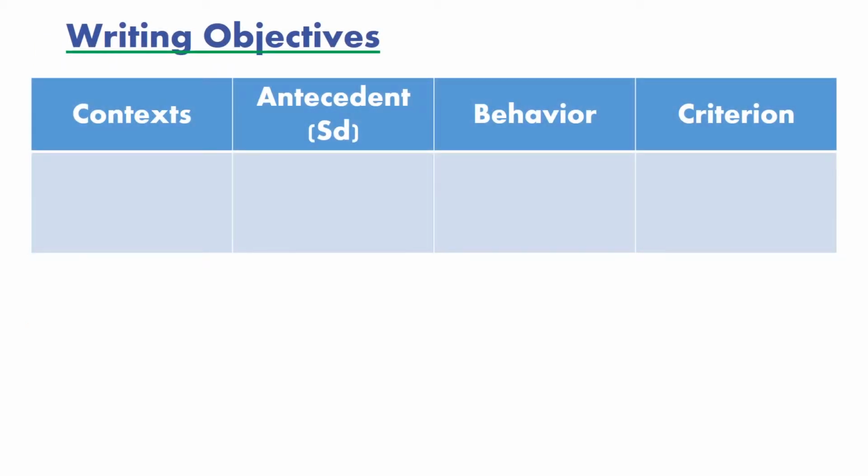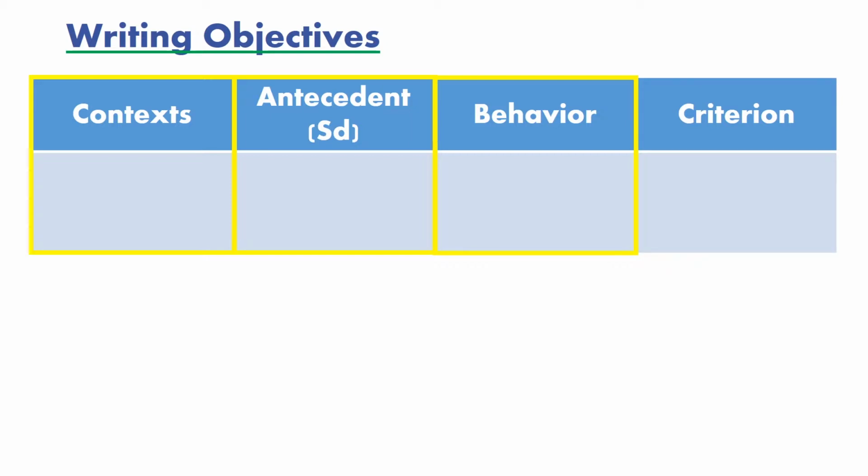Now, I've read a couple of objectives through to you, and there's kind of a pattern. You may be picking it up already. We write objectives in a very specific format. There are 4 sections typically to an objective, 3 of which are required.